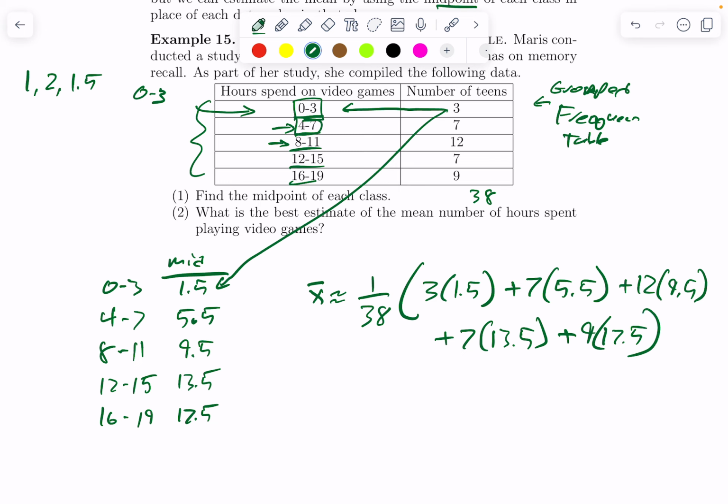All right, and so if I get my calculator, I can add that all up.